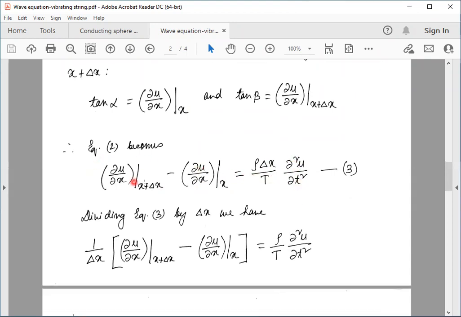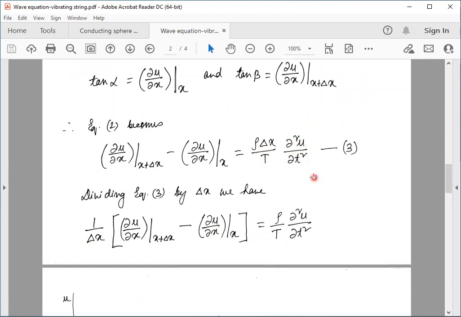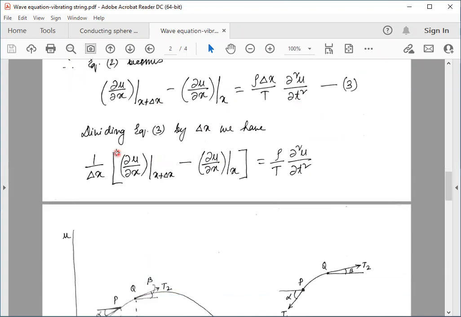Now, if I divide both sides of equation number 3 by delta x, then I have 1 by delta x times slope at x plus delta x minus slope at x, equal to rho by T times the acceleration. Now you take the limit delta x tends to 0.